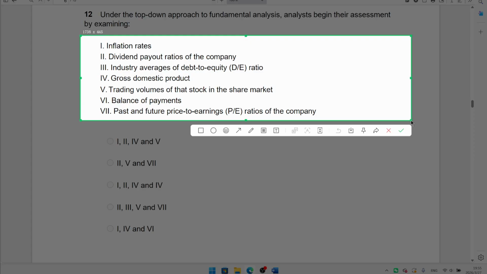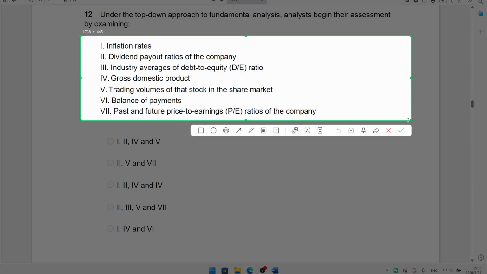So what is the top-down approach? Top-down, bottom-up. Top-down is macro. Inflation is macro. Dividend payout ratio of the company, individual debt ratio is not required.